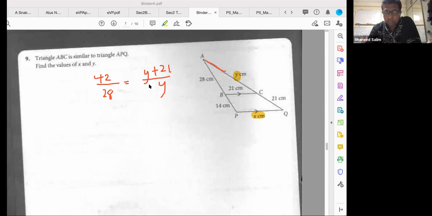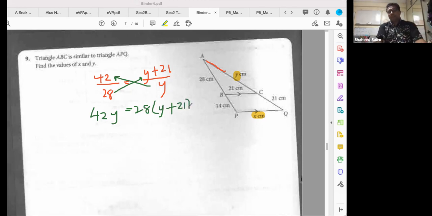So now you can do seesaw. If you understand seesaw, you can bring this up here, you get 42Y. And then you can bring this up here, you get 28 times Y plus 21. If you're confused by this, we can do another method, no problem. But this is the fastest method. Are you confused by this method?